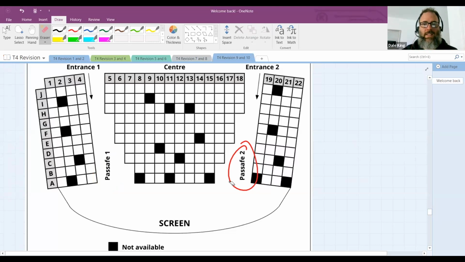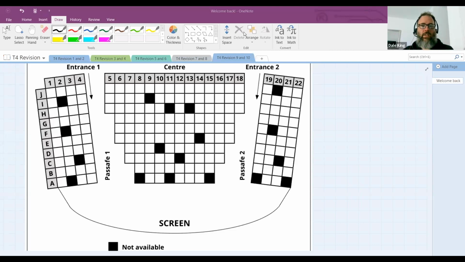Someone must have taken this image from some other country's diagram and then changed the top words, but forgot to change those words there. Passafe? Passenger? I don't know. It must be passage, eh? Passage 1, passage 2, passafe? Is it French? Someone's going to quickly Google that.